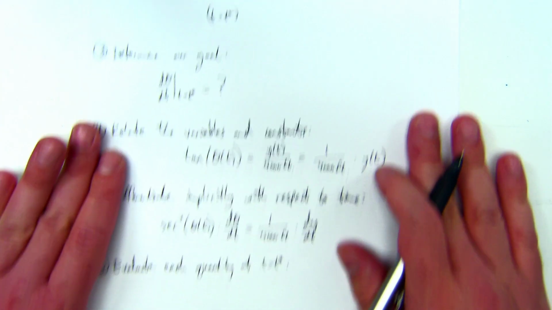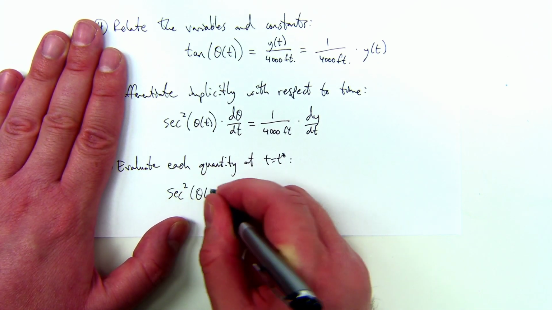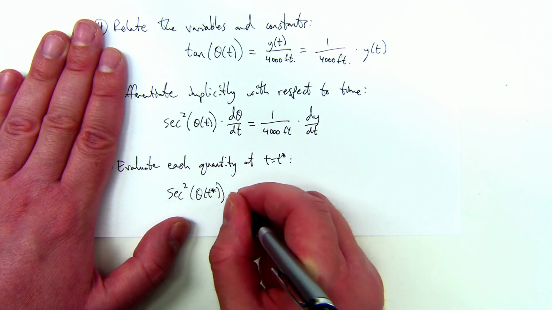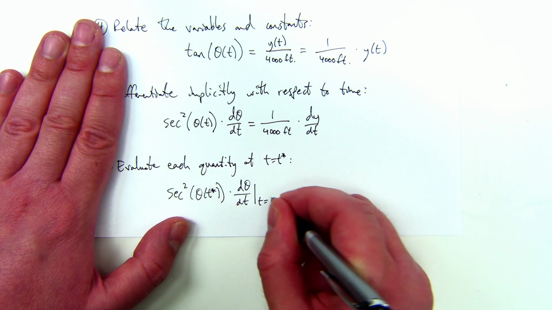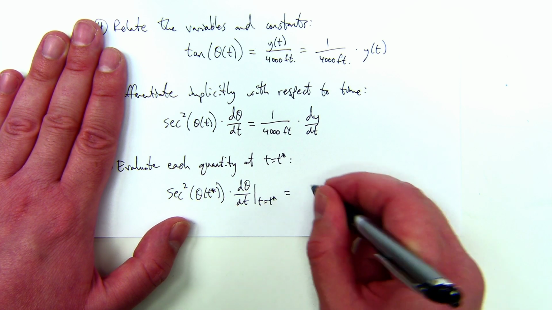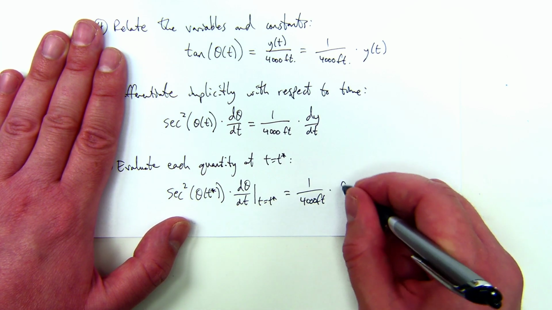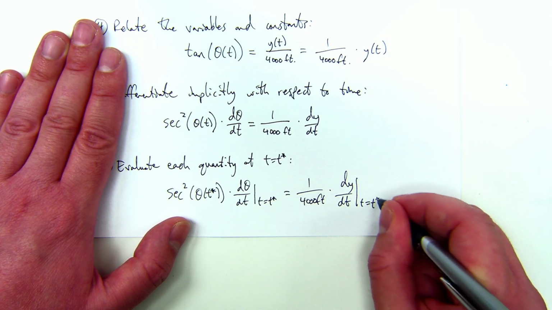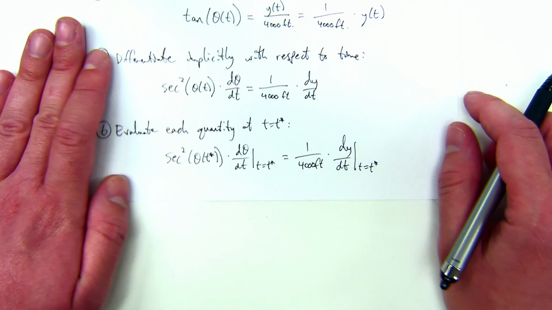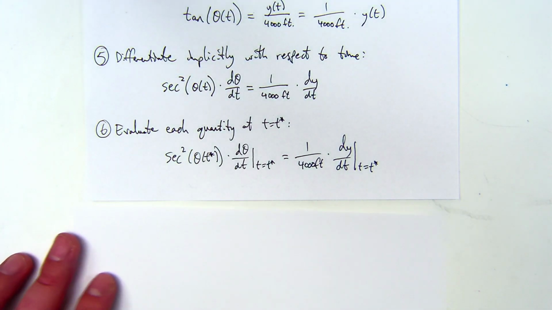If we go ahead and evaluate everything at t star, our special time, then we don't necessarily know what s of t star is yet, but we can figure it out.